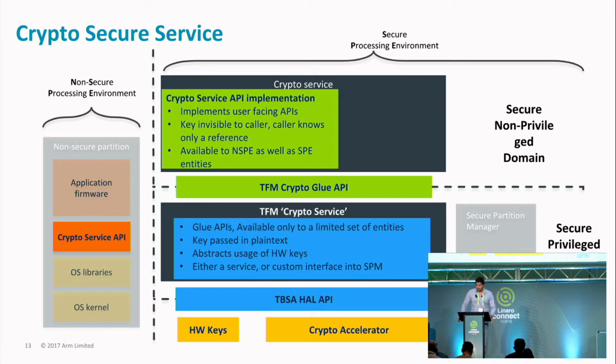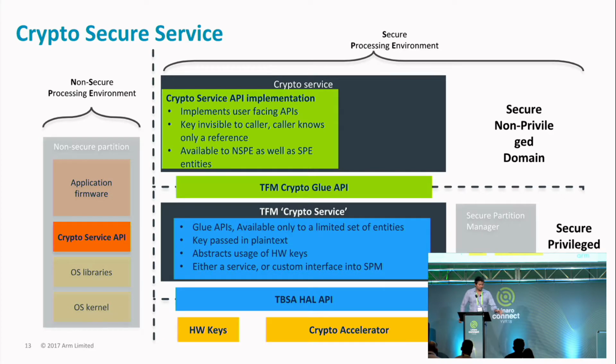The green box provides the user-facing APIs that can be used by the rest of the systems. The rest of the system includes the non-secure side. So a non-secure side can make a call to the secure side, and that call will land in the green box. The green box will decide what to do with that request for the cryptographic operation and act on that request.